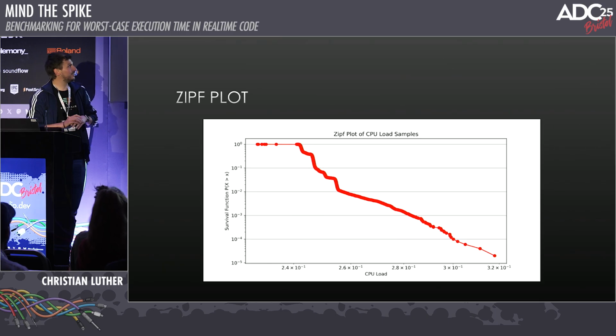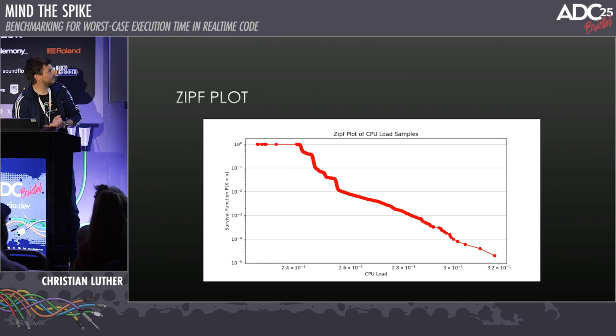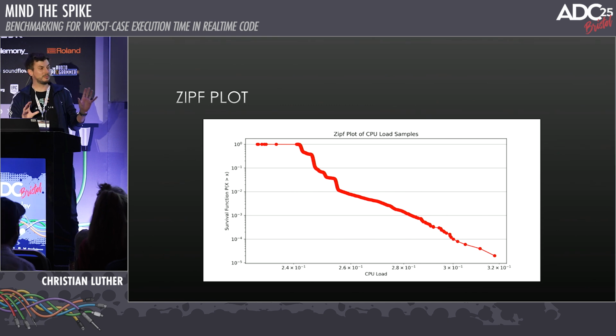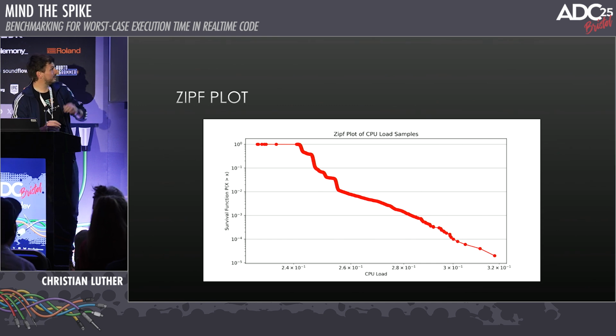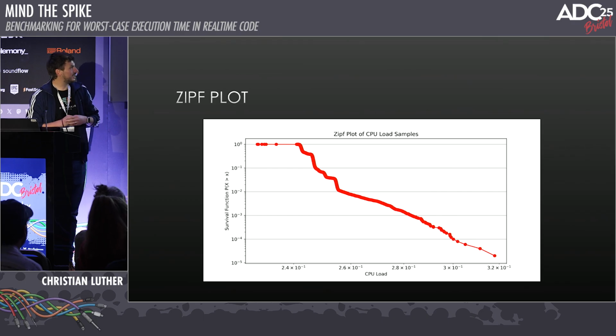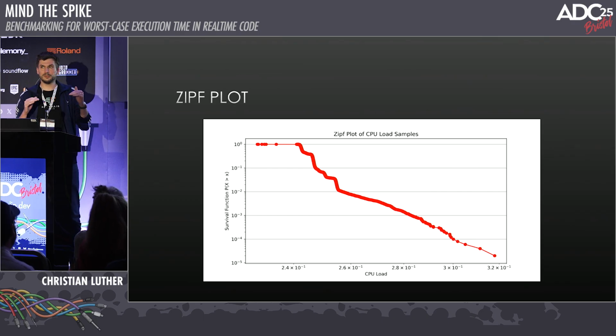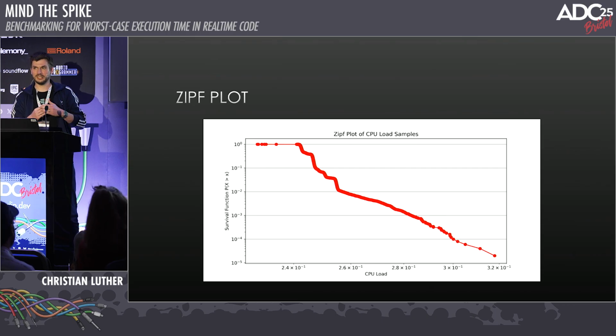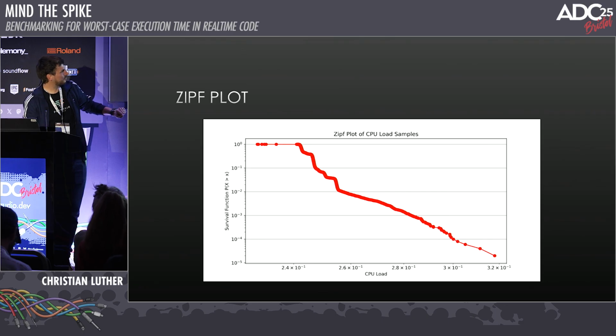So here's another way to look at the data, another way to plot the actual samples, and this is called a Zipf plot. Basically, what it does is it computes for each sample the probability in this data set of seeing a value greater or equal to this. And then you plot it on a log-log scale.